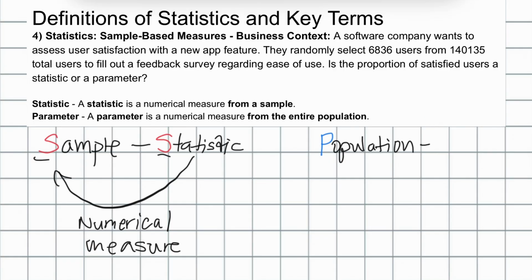And a parameter is a numerical measurement from the population instead.